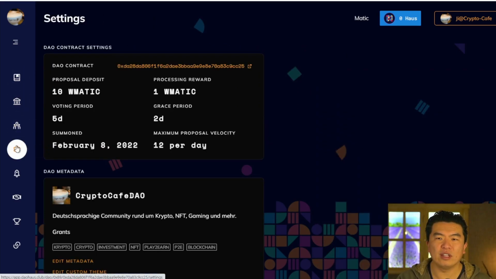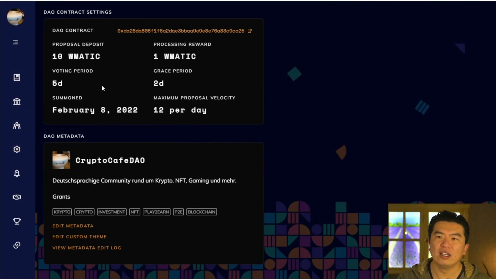Now let's get to the next one. The settings. Basically you can change things like metadata and themes. It's not really of importance, but be aware that everyone within the DAO, so every member, has the ability to change this kind of stuff, right? So the description and the theme, basically the look and feel of your DAO, and the log, right?